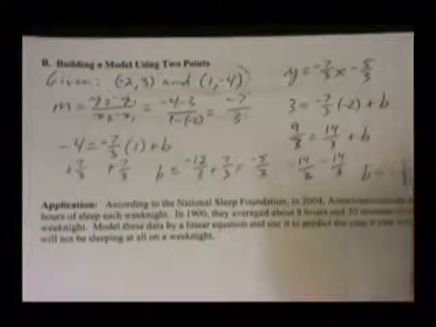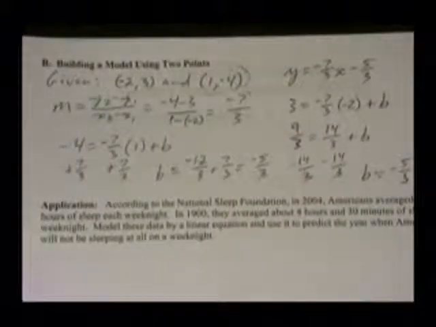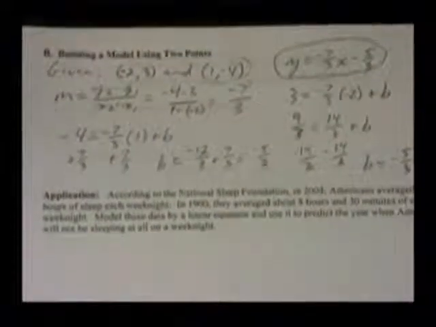Negative 7/3 times negative 2 is a positive 14/3. So if I subtract 14/3 from both sides, 9/3 minus 14/3 is negative 5/3. So I get b equals negative 5/3 again. So it doesn't matter which point you pick, you're always going to get your equation for your line. Now let's look at an application for that.